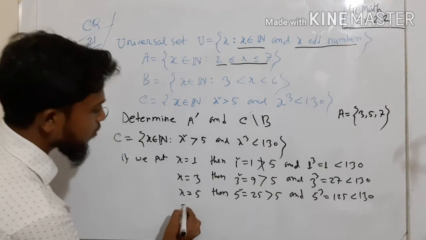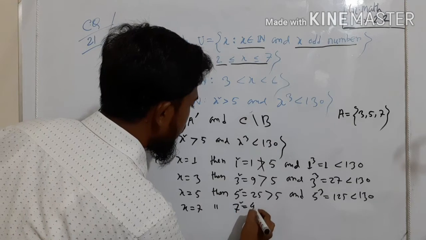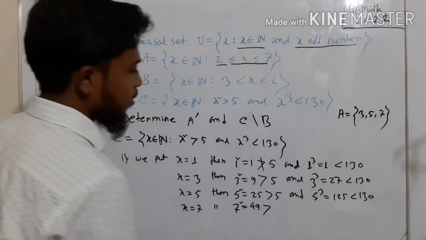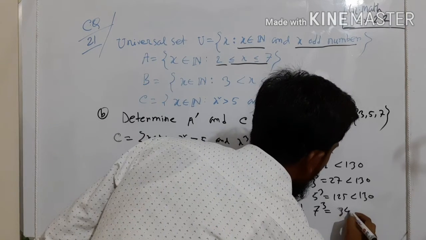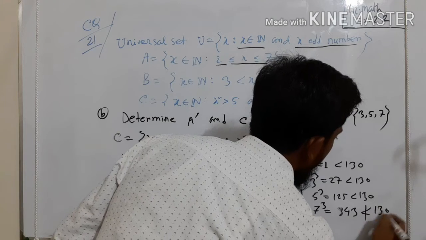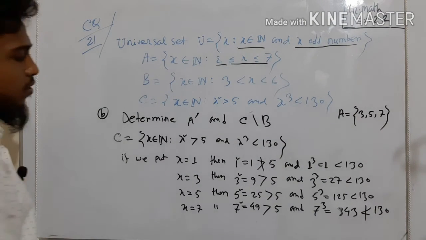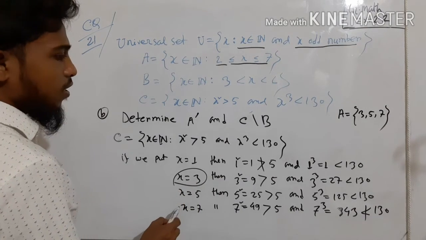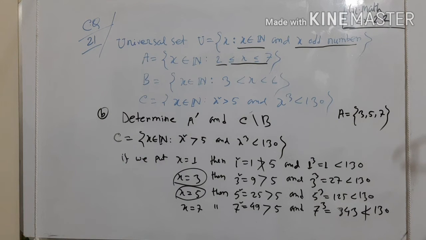If we put x equal to 7, then 7 square equal to 49 is greater than 5, and 343 is not less than 130. So we see that if x equal to 3 and x equal to 5, then the condition will be satisfied.